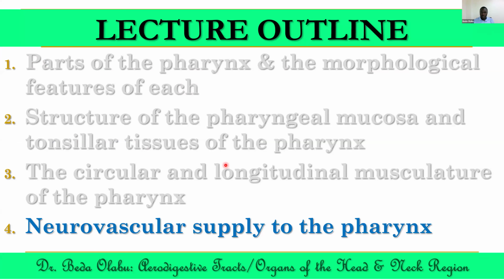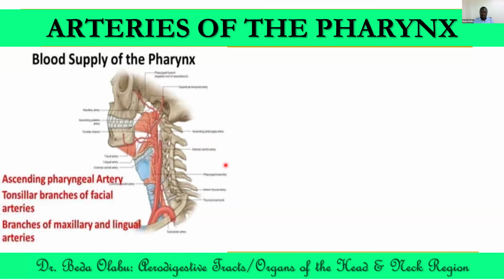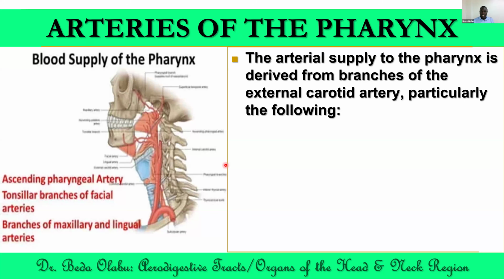Now let's do the last part, the neurovascular supply of the pharynx. Starting with the arterial blood supply, the arterial blood supply to the pharynx comes from branches of the external carotid artery, and in particular, the following.